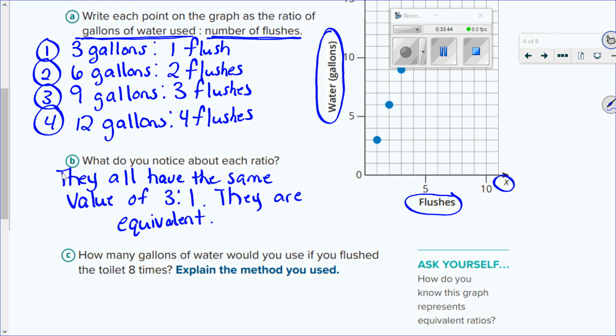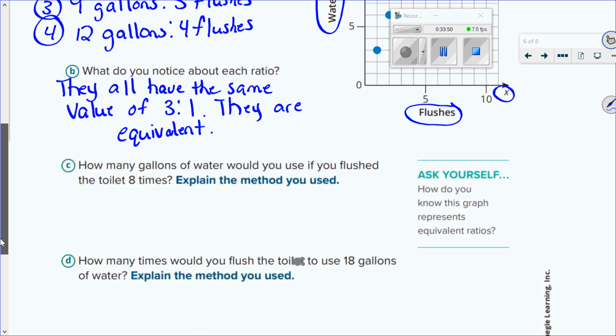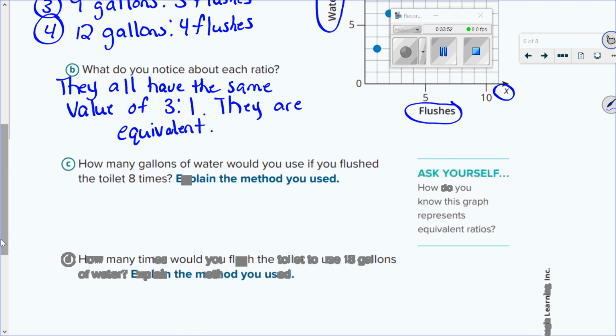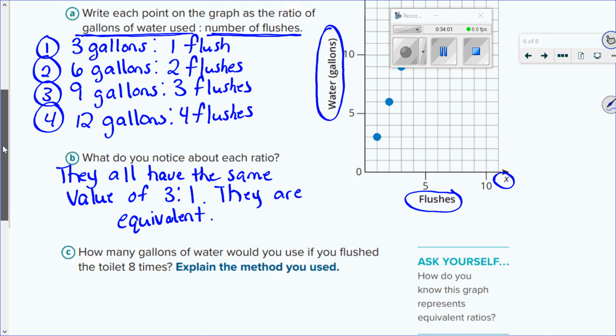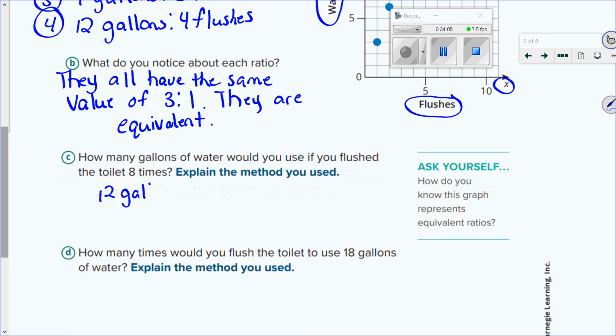All right, C, how many gallons of water would you use if you flushed the toilet 8 times? Lauren? Okay, what method did you use? I multiplied 4 flushes by 2 and multiplied 12 gallons. Okay, so you used one of the ratios we already had of 12 to 4, gallons over 4 flushes.